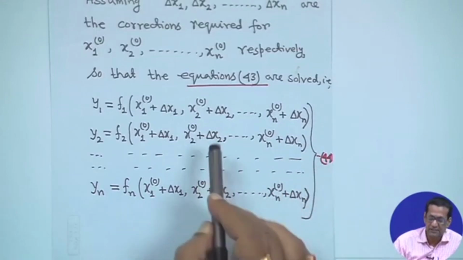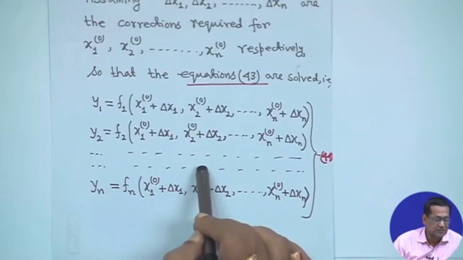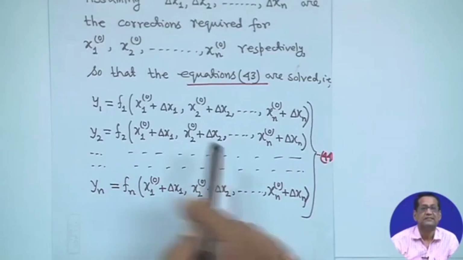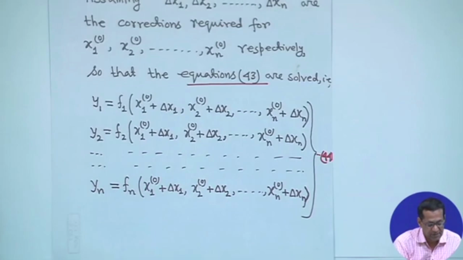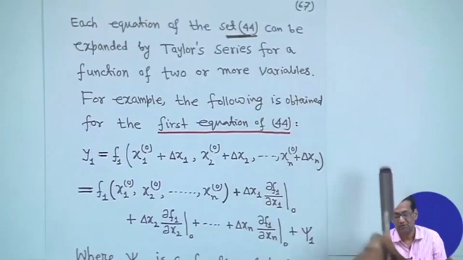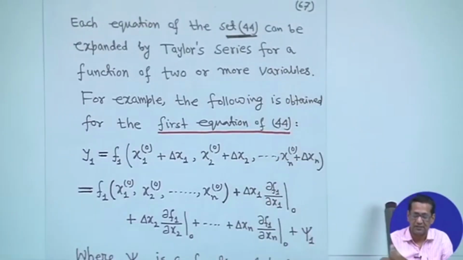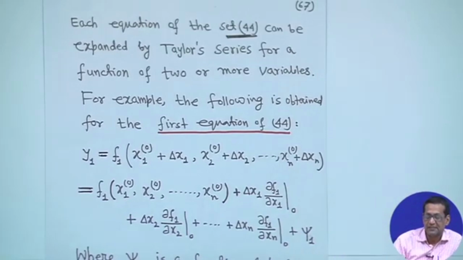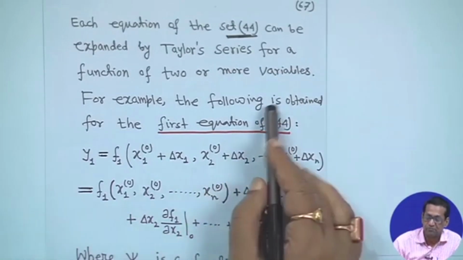Now, this equation you have to expand in Taylor series, and we will consider only the first order terms; second order or higher derivatives we will not consider. So, the set of equations 44, because we have n nonlinear equations, can be expanded by Taylor series for a function of 2 or more variables.